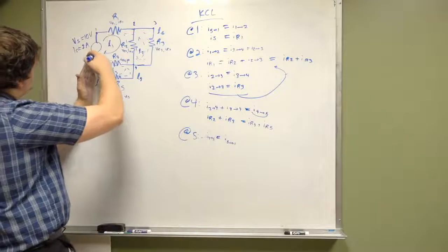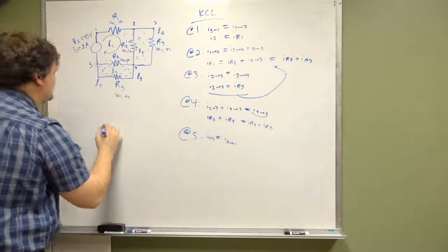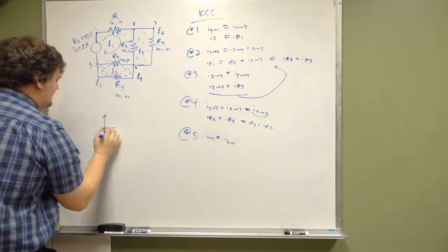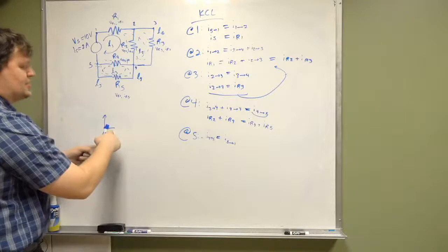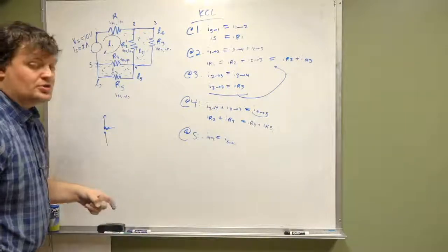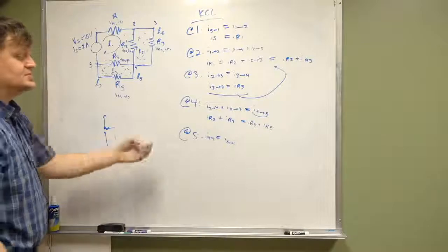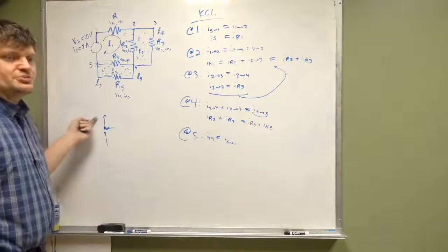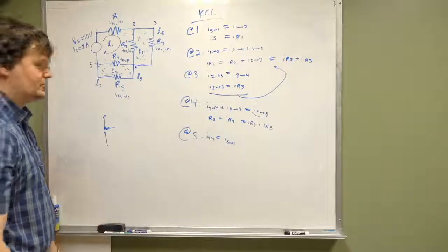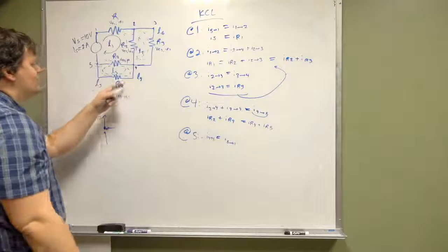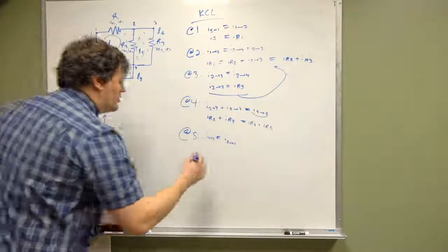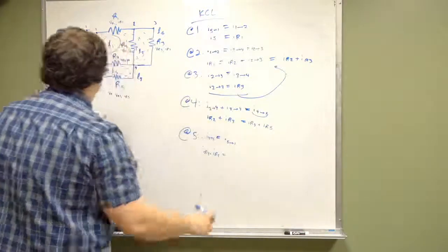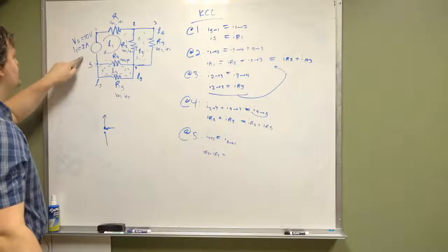Both of those branches converge here so that when we draw a circle around here, we have one coming out and two coming in. The two coming in both come from the same node, but ultimately come through two different components, so this will be represented by two different components. The one coming out goes to one component, so we'll represent it with one component. So for I4 to 5, you have IR5 and IR4. So IR4 plus IR5 is equal to I5 to 1, which goes through one component and is the same as IS.